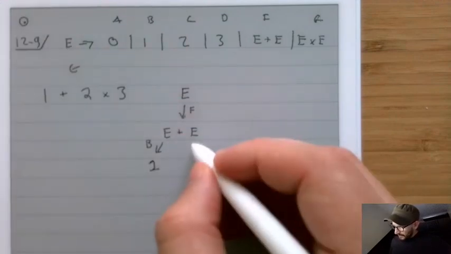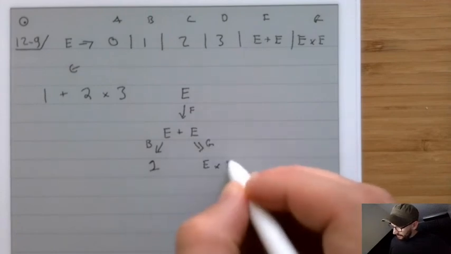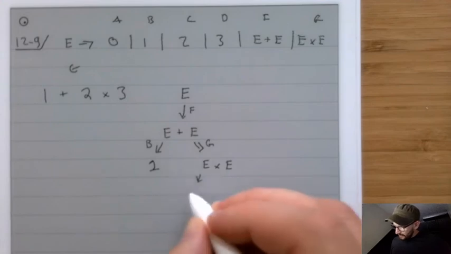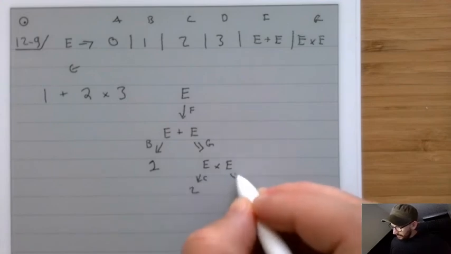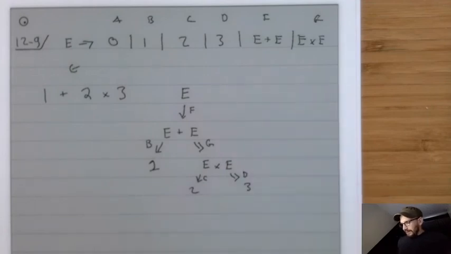And then over here, we use the G transition, and we'll get E times E. Then there, we'll use the C transition and get 2. And over here, we'll use the D transition and get 3.